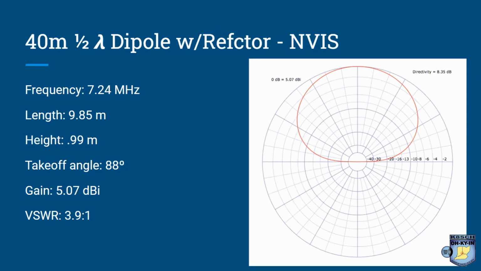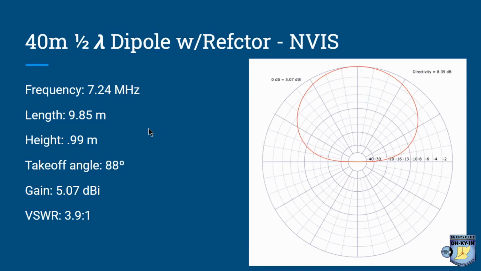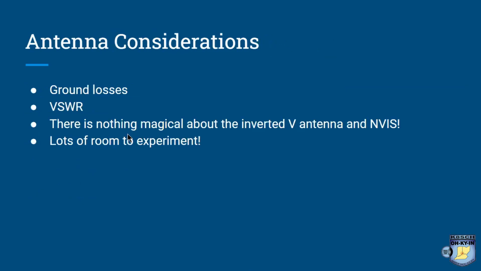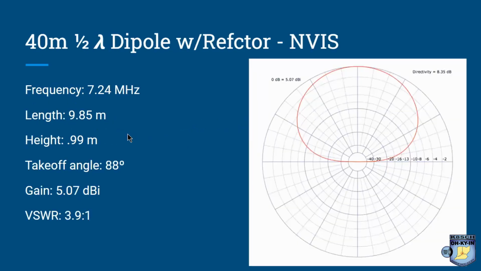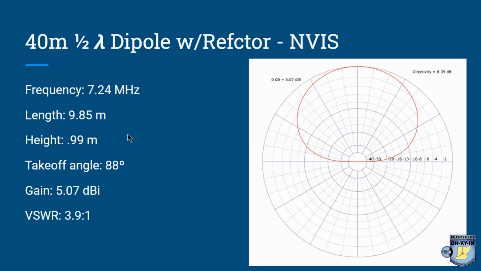And you see, again, a slight bit of improvement. 4.91 to 5.07, was it? So you get a little bit of improvement and not too much of a change in the SWR. So that can help you as well.